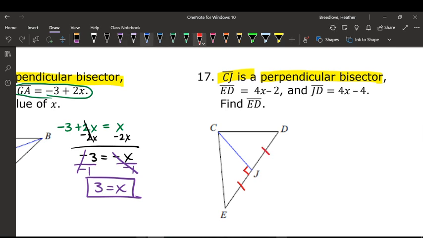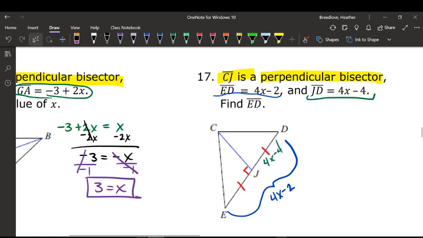Then it tells me that ED, the whole thing, is 4x minus 2. And it tells me that JD is 4x minus 4. So JD is 4x minus 4. Find the length of ED.